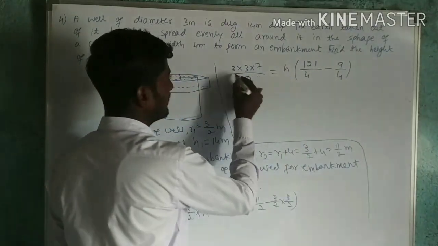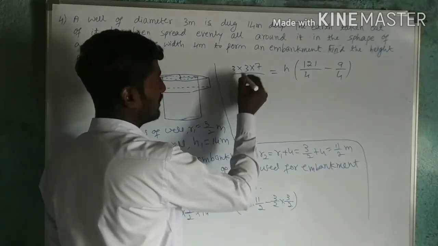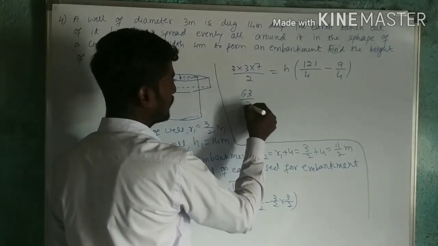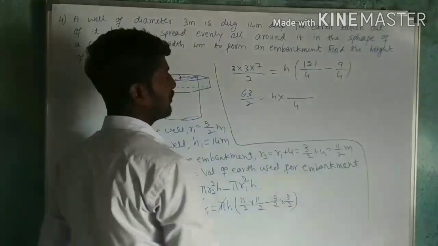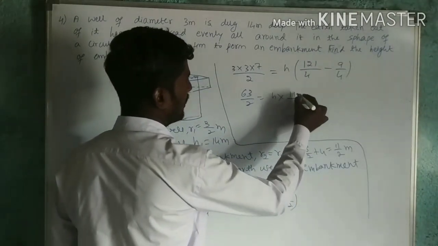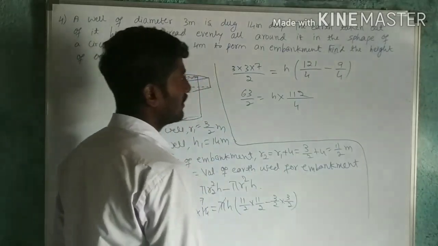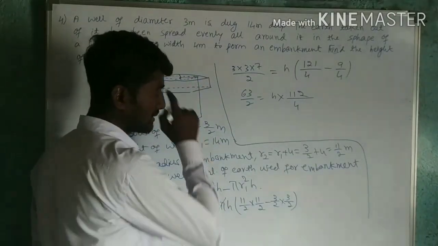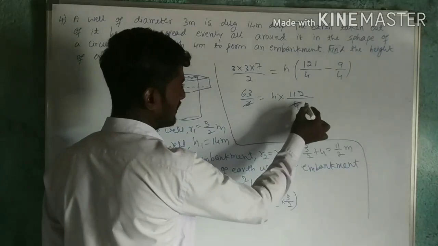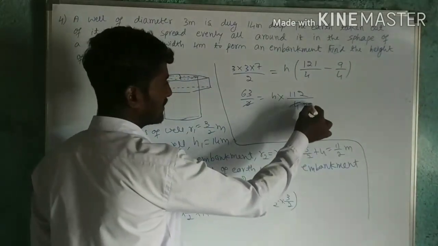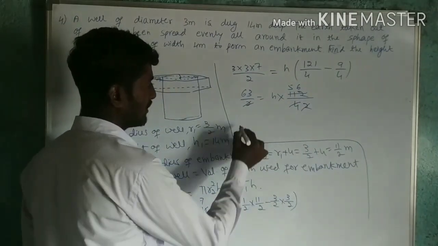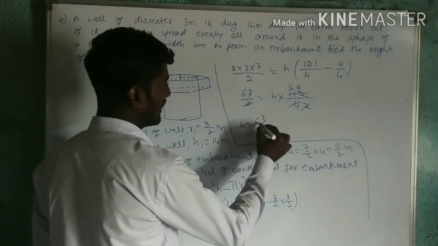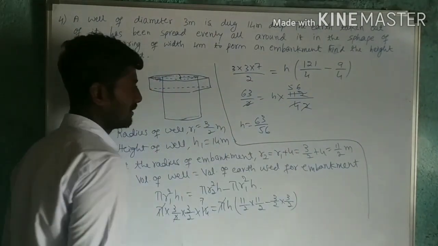Now this is 63 divided by 2. H into, here LCM is 4. 121 minus 9, that is 112. Am I right? 112. Next, 2 ones are 2, 7 twos are 14, 2 fives are 10, 2 sixes are 12. Now H value is 63 divided by 56.